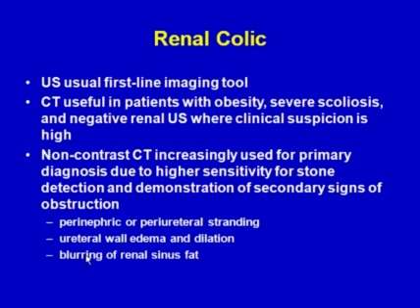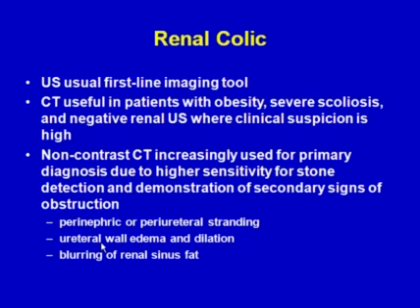Ultrasound is generally the first-line imaging tool, but CT can be very useful in patients in whom ultrasound is not helpful, and that's generally in obese patients, patients who have very severe scoliosis, which limits the quality of the examination, or when patients have a negative renal ultrasound examination and yet a clinical suspicion for a stone remains high.